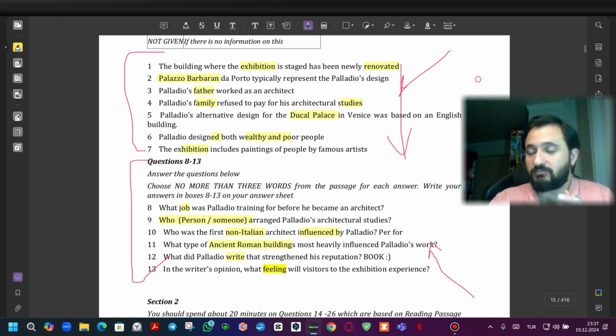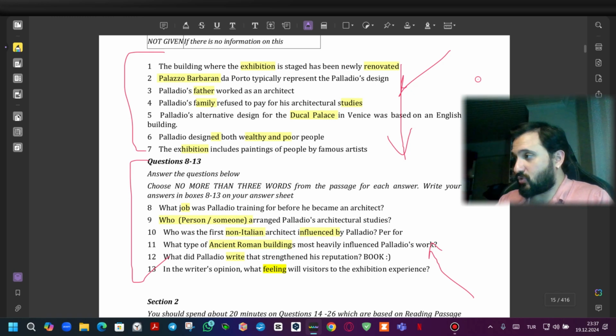And another one, for example: family rejected, family refused or not, renovated building or not, ducal palace or not, Palazzo Barbaran or not, wealthy poor people. You need to find the ducal palace, I guess, and one building influenced by British architecture.